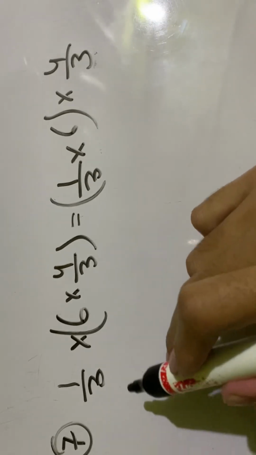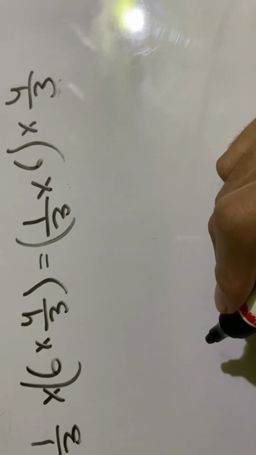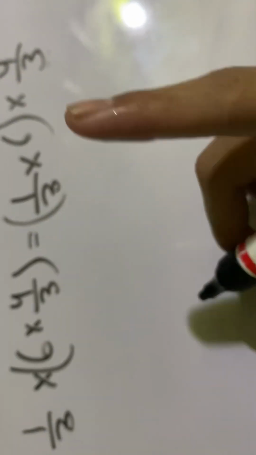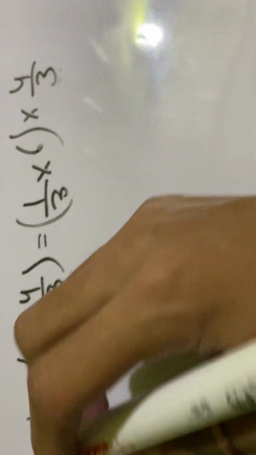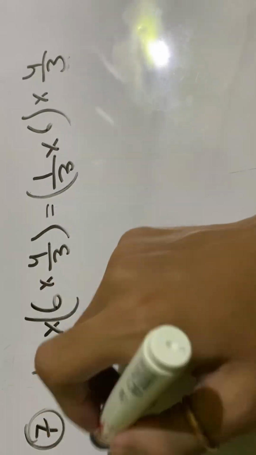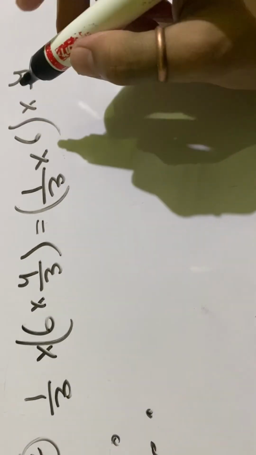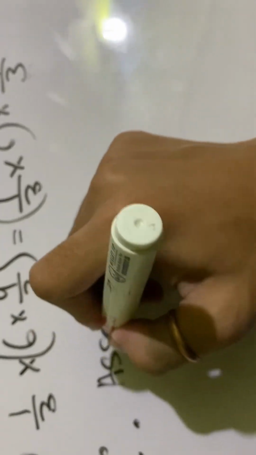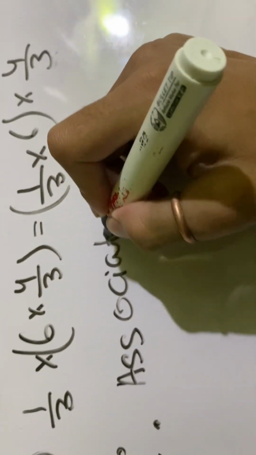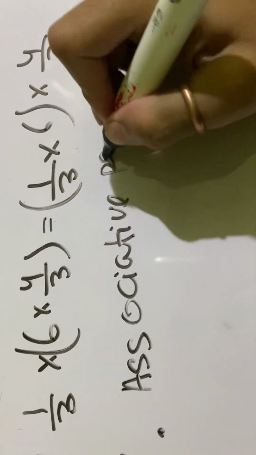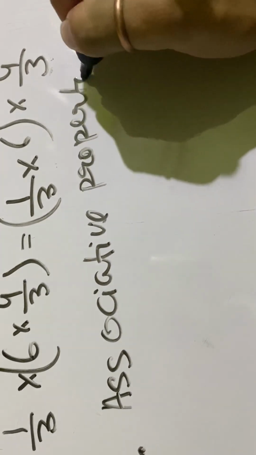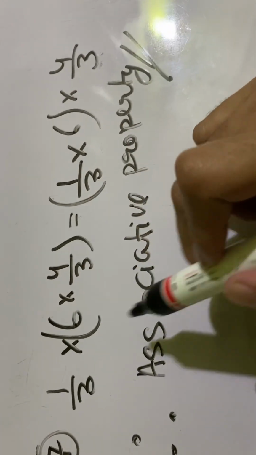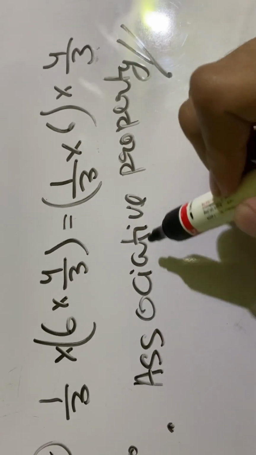Okay, this equals this. So the question says to find a property, therefore this property matches with associative property, and this is the answer of this, as this property matches with this question.